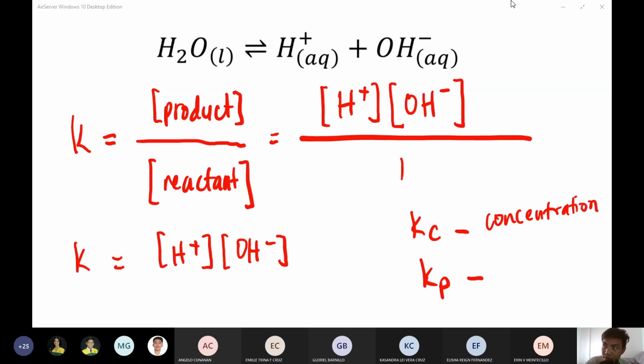In our case, the H plus and OH minus are in concentration units, so we write it as Kc. K in concentration. How about Kp? Kp is used when the substances are in pressure units.